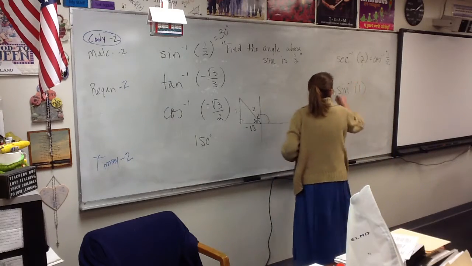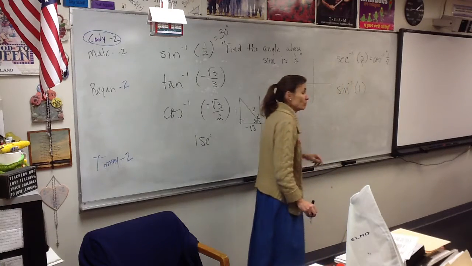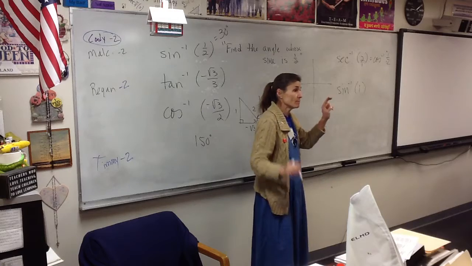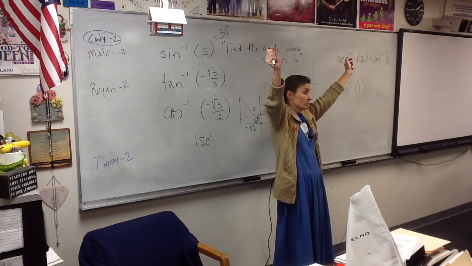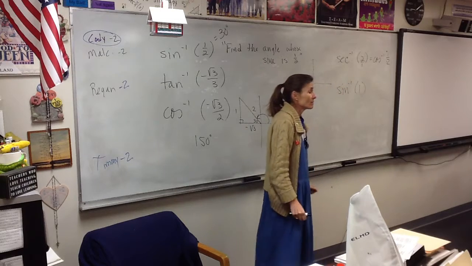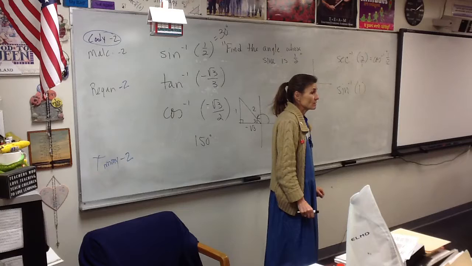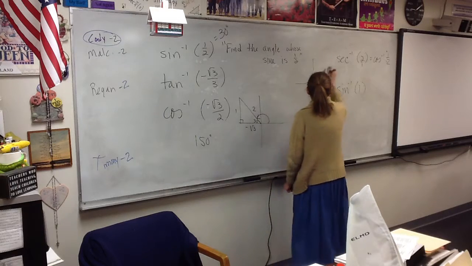Okay, all right, well, here we go. Where does the cosine equal 1/2? Well, you've got two choices, right? Quadrants 1 or 2. That's it. The cosine is a positive number, which means it's in quadrant 1.